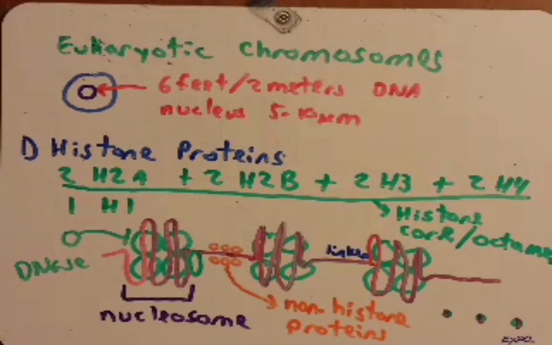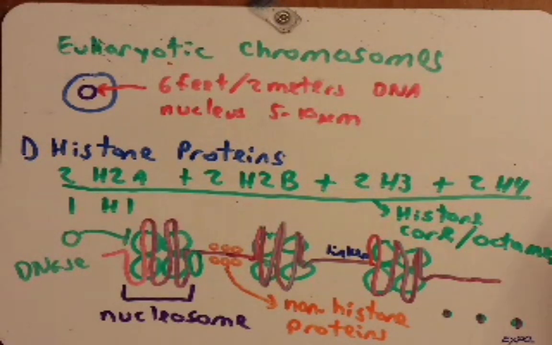Now you may ask, why do the histone proteins bind to the DNA? It's important to remember, when we talked about the structure of DNA, we talked about those phosphate groups at the 5' ends. DNA, in general, has a negative charge because of the phosphate groups. Because of these negatively charged phosphate groups, these histones have an overall positive charge.